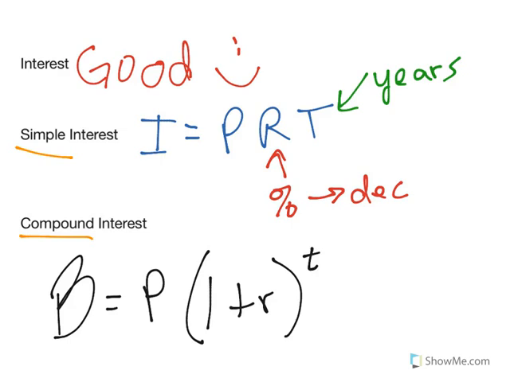So principal is still the amount we start with, rate is the percent that we will change to a decimal, and T is the time that we have in years. Notice that in compound interest, the formula gives you the ending balance, whereas in simple interest, the main formula gives you the interest. So let's play with some of these, and let's go back to page 177.